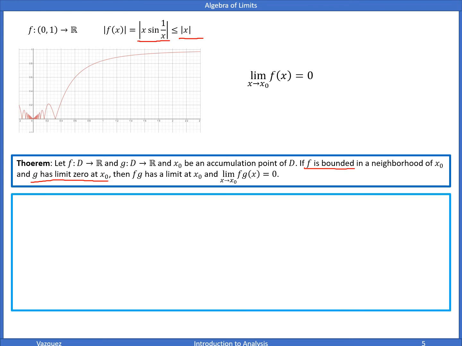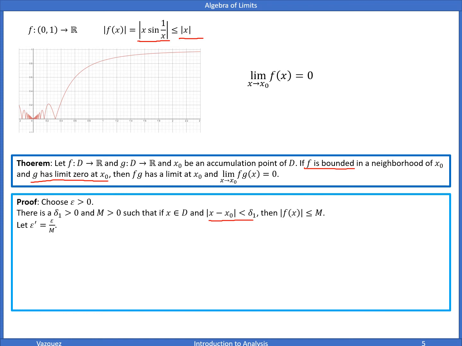So how do we prove this? Really similar to how we did last time. Choose epsilon greater than 0. There's a delta 1 and m greater than 0 such that f of x is bounded for delta 1 greater than absolute value of x minus x naught. We're going to let epsilon prime be equal to epsilon over m.